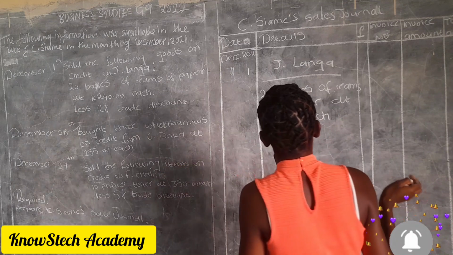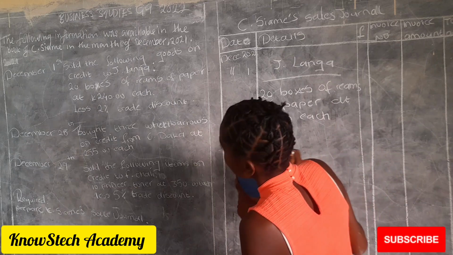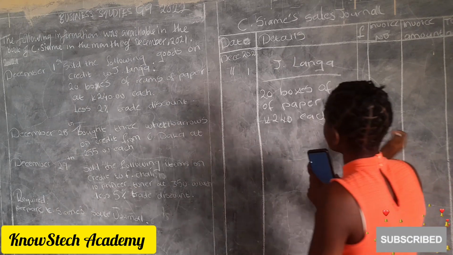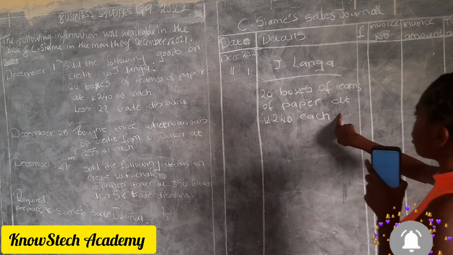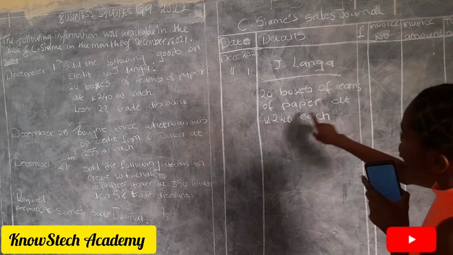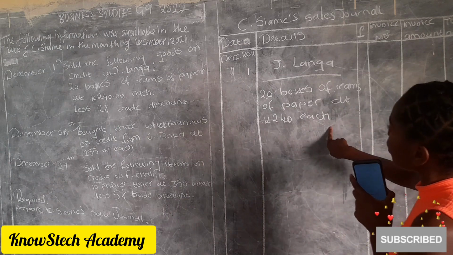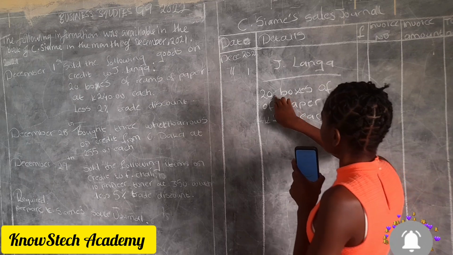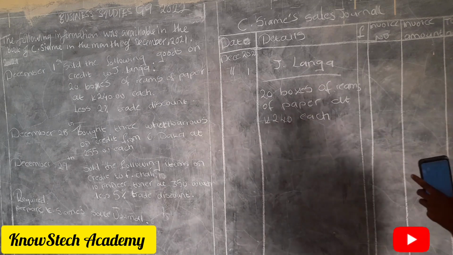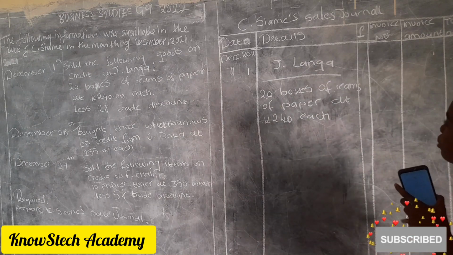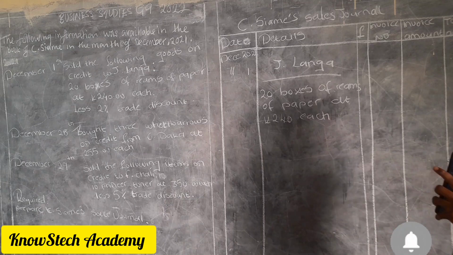Since he bought 20 boxes of reams of paper at 240 each, we will multiply 20 times 240 to find the total amount of the 20 boxes of reams of paper.